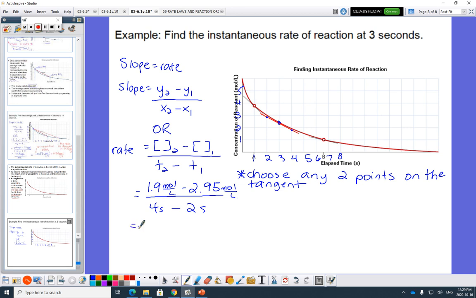So yes, we are estimating, but we made good estimates. So again, this is obviously decreasing over time. We're going to get a negative number in the top.